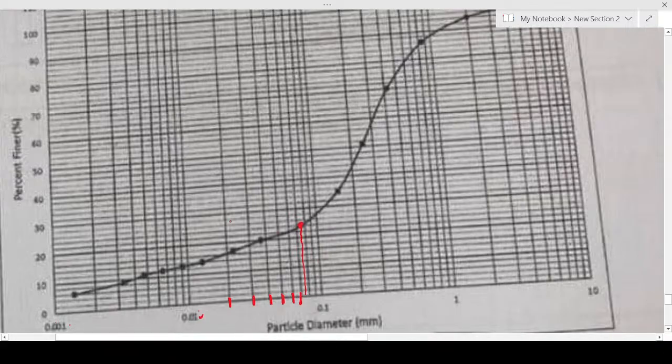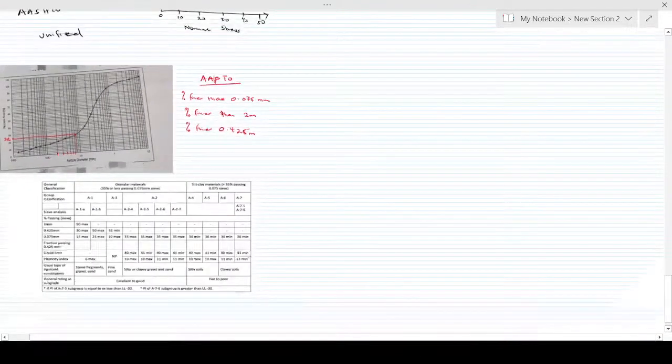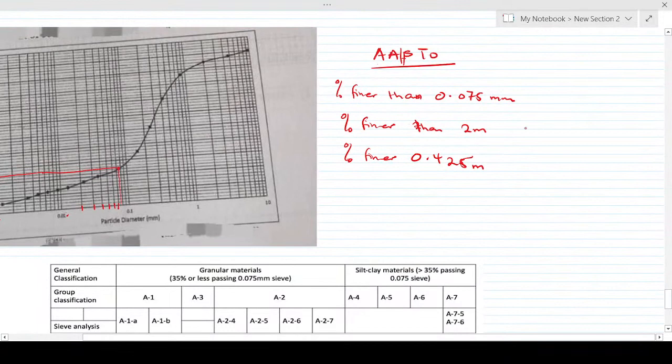Then you trace it to the other side and read off the value. That's approximately 24%. That's the percent finer than 0.075.